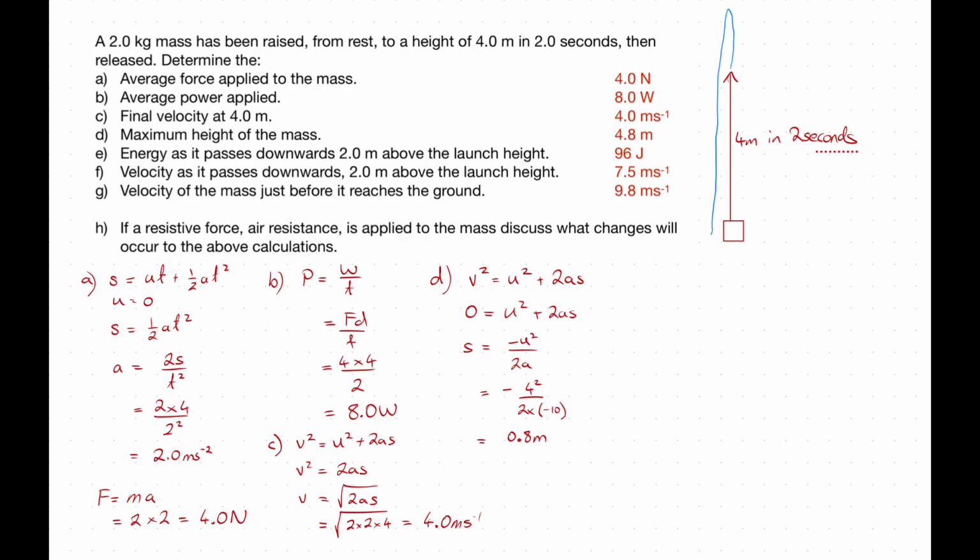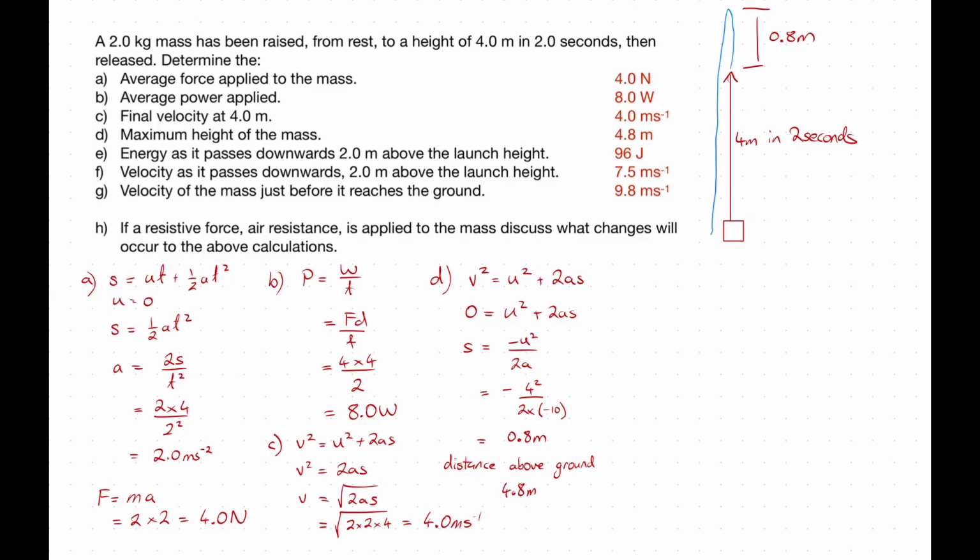This is the point where it releases. So that is this part on our diagram. It's found that height, so that part there is where its velocity will be going to 0. So that value in there is our 0.8 meters. So therefore, the total distance above the ground would be equal to 4.8 meters.